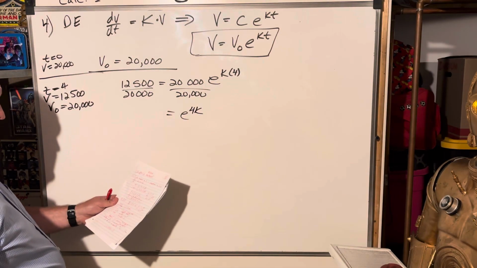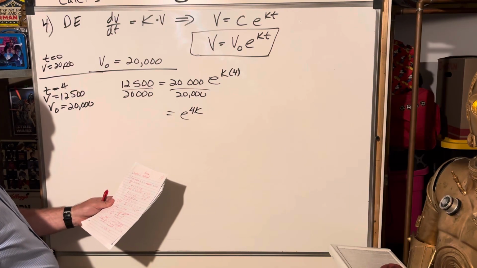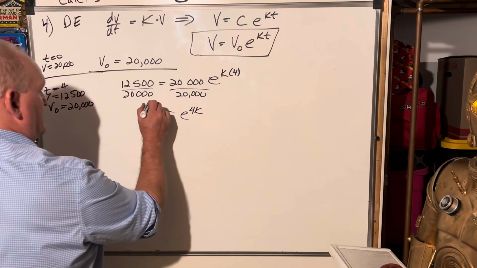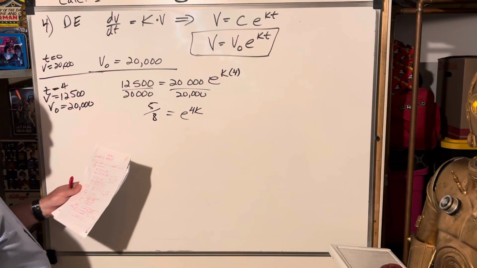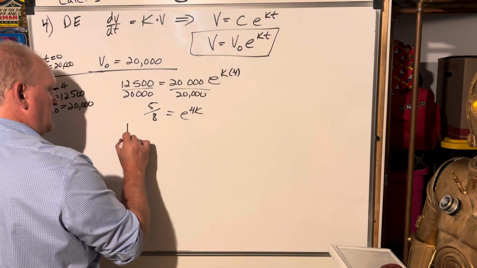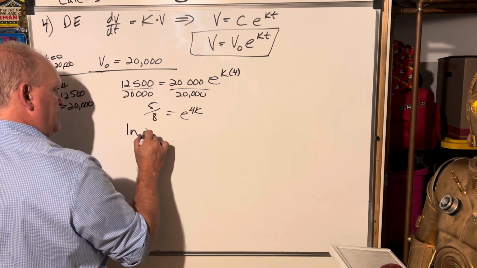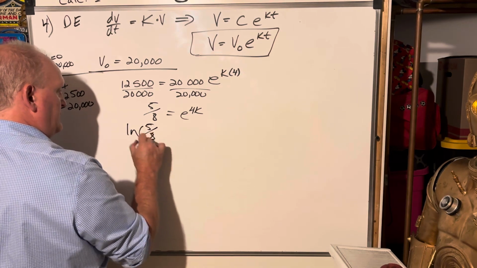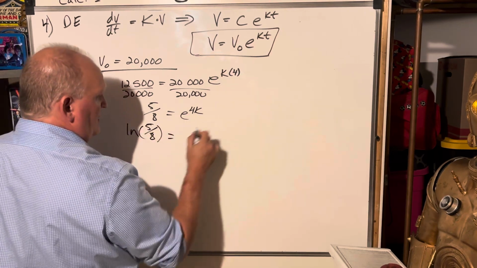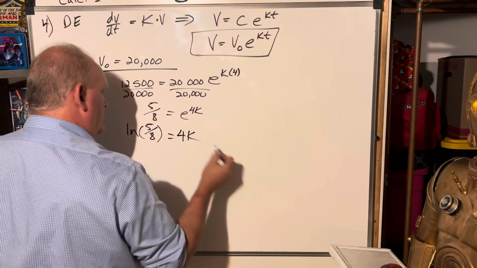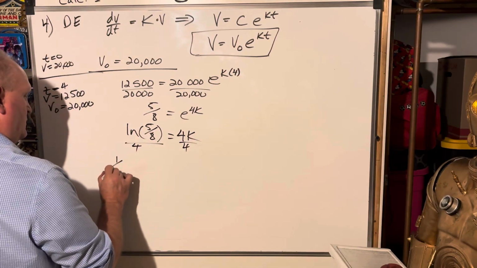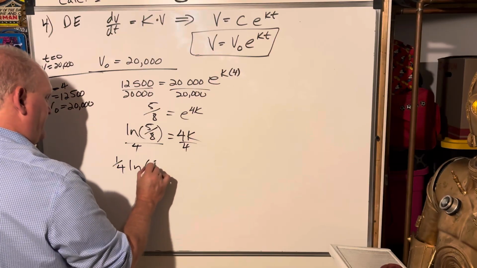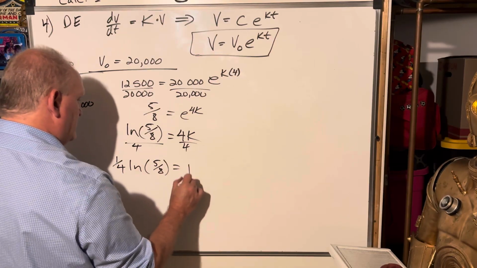And then what does that reduce to, by 50, 5/8? So now take the natural log of both sides, ln 5/8. And again, when you do ln of e to some power, you bring that power down. It's just 4k. So 1/4 ln of 5/8 is equal to k.